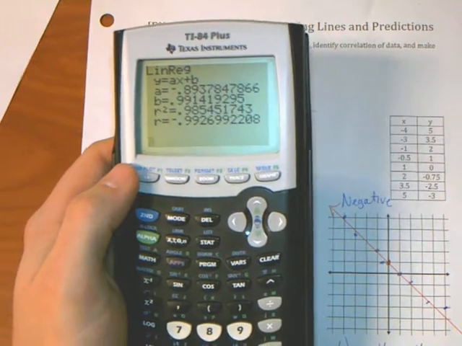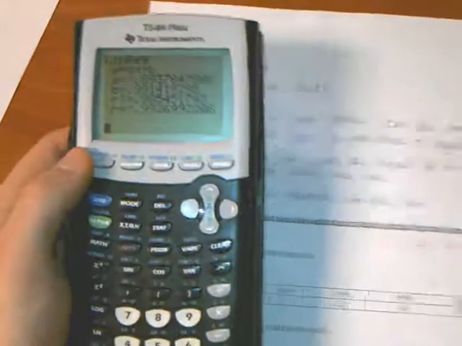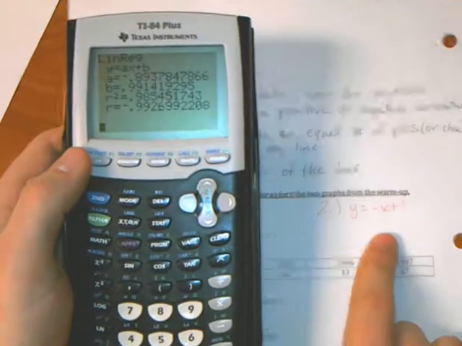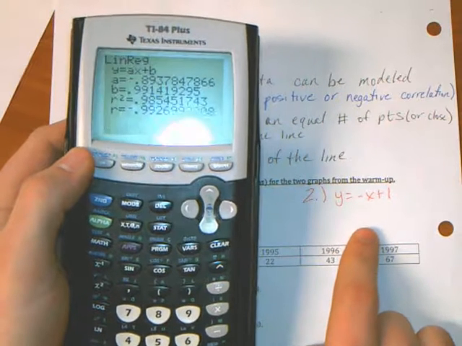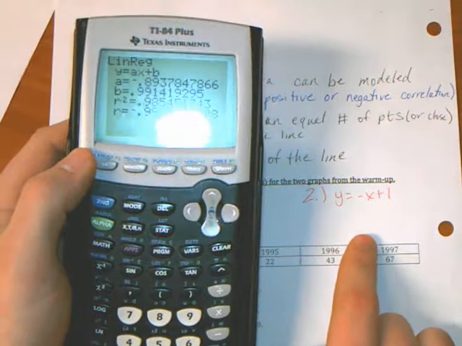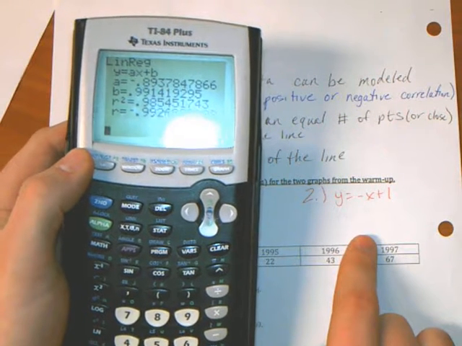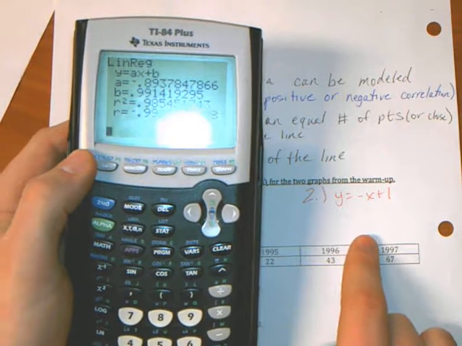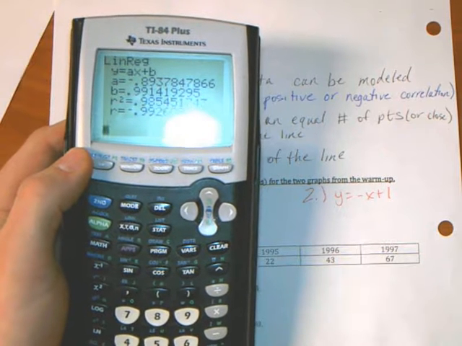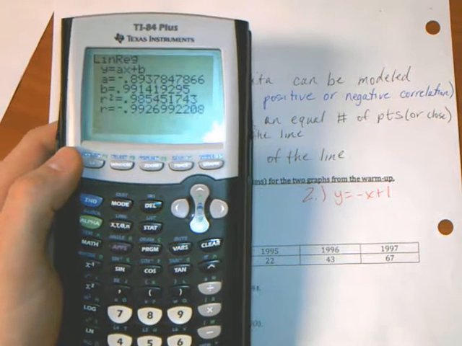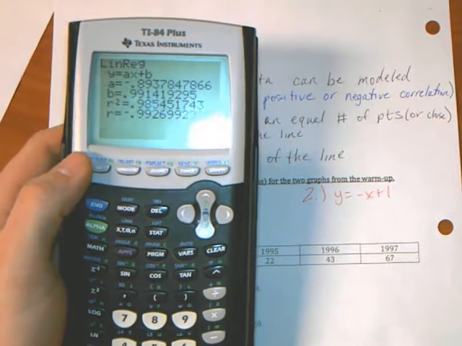So if you flip over to the equation that I wrote down, y equals -x plus 1, the actual equation of the line of fit is y equals negative 0.89x plus 0.99. So it's pretty close. This one is better, and I think that one is better.